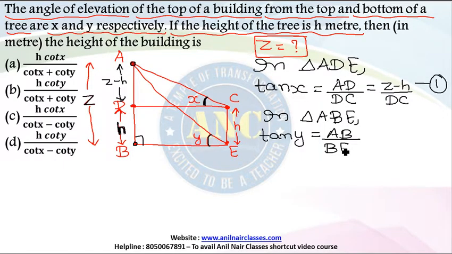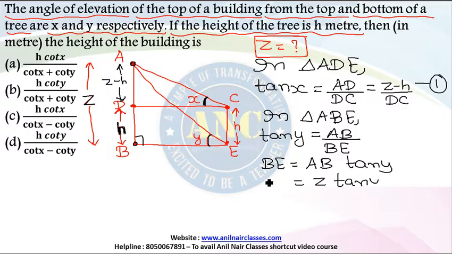I hope you are understanding. So BE can be written as AB divided by tan y. But what is AB? AB is nothing but the height of the building, which I called Z. So BE is Z divided by tan y.